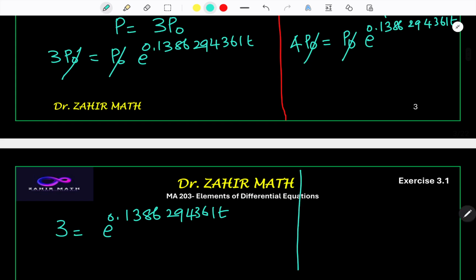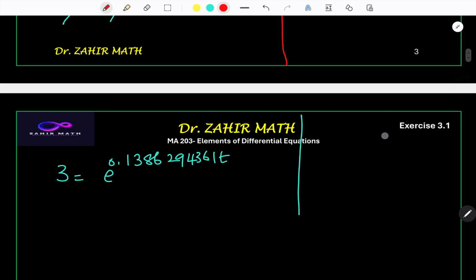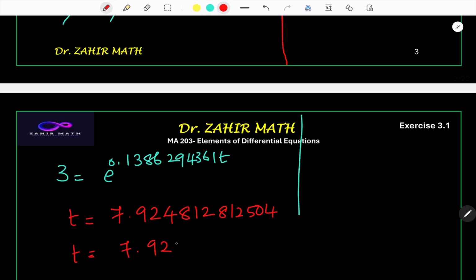So when I use this one, what is my answer? T equals, that is X equals 7.9248128250. T is the number of years. So you can approximate it; 7.92 is enough. This is a number of years.